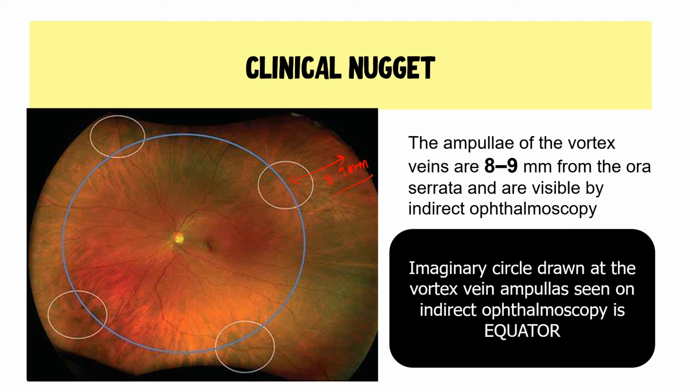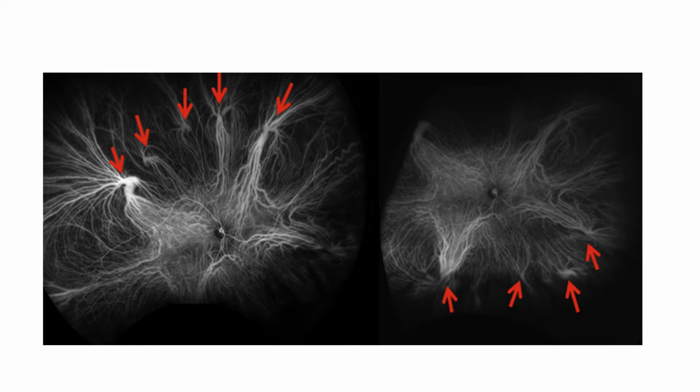If you draw an imaginary circle at the vortex veins ampulla, as you see on the indirect ophthalmoscopy, that imaginary circle will represent your equator. So that is one important clinical nugget, that the position of the vortex veins can indirectly indicate the position of the equator on an indirect ophthalmoscopy.